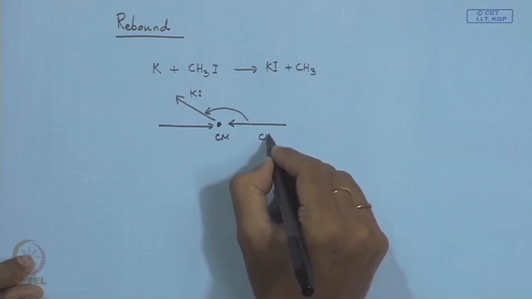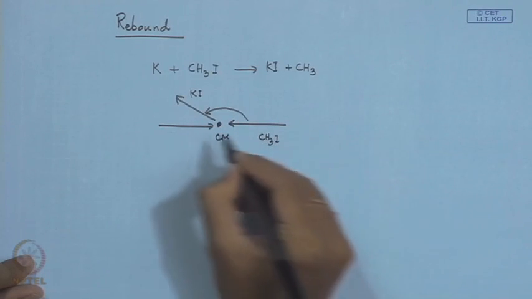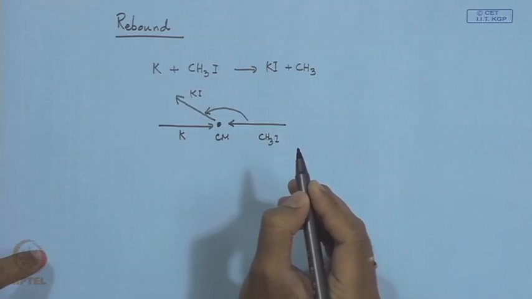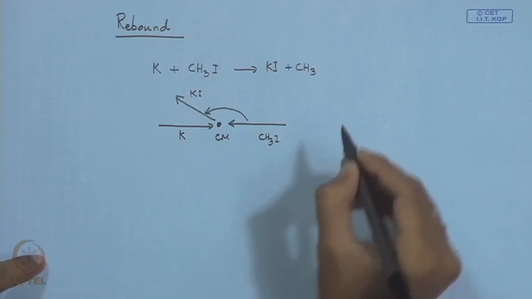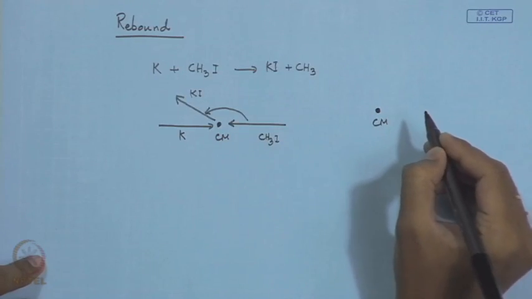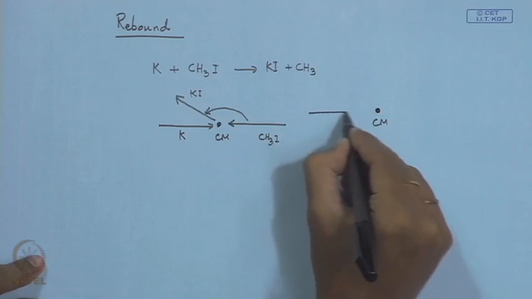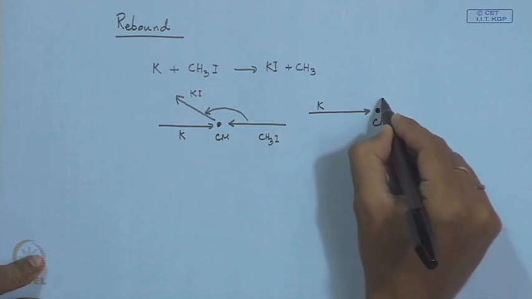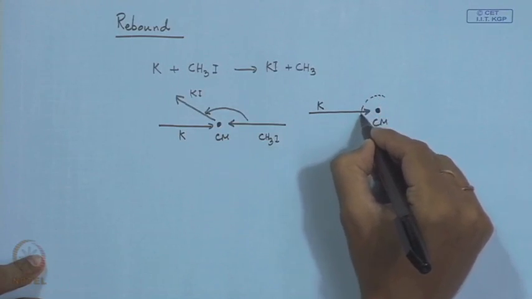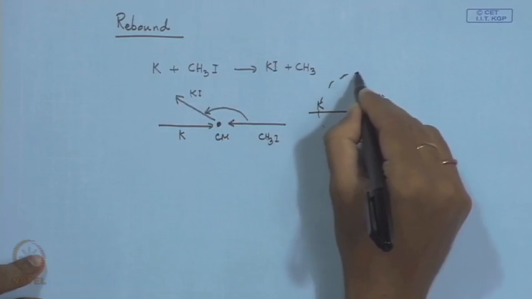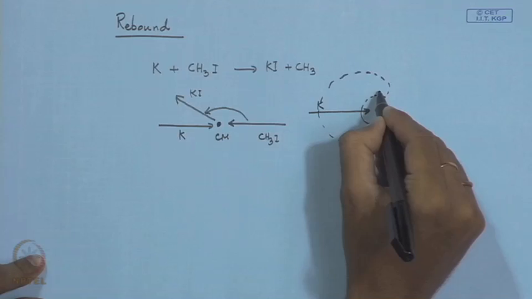This is your CH3I, this is your K. And if you do a contour plot, say this is your stationary Cm, from this side your K is coming, and your contour plot will be something like this.